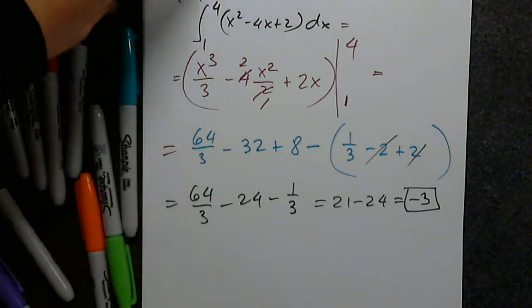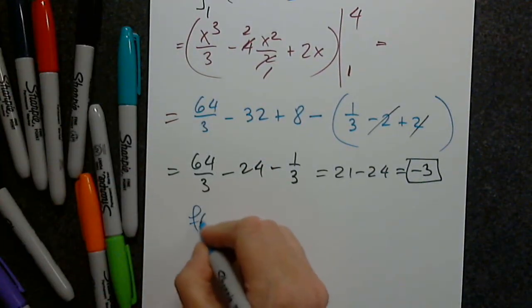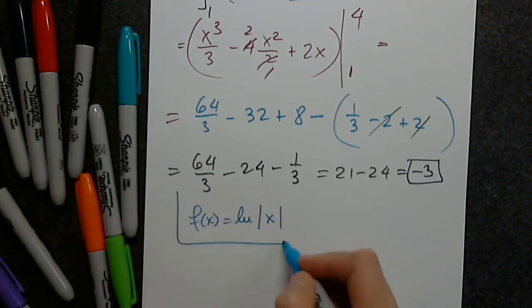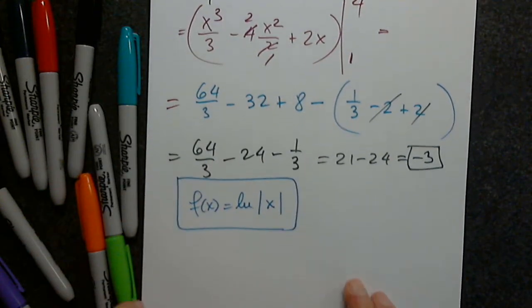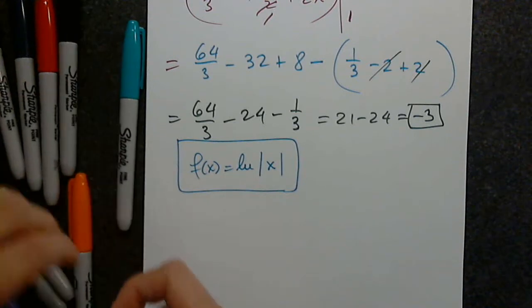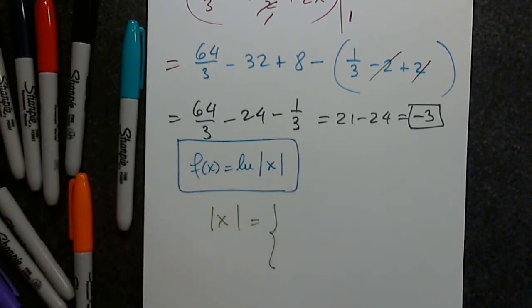I would like us to talk a little bit about the following function. So the function is natural log of the absolute value of x. We will go back to the absolute value of x first. That's our starting point. And you will tell me what the absolute value of x equals.